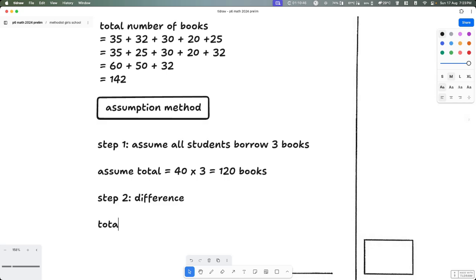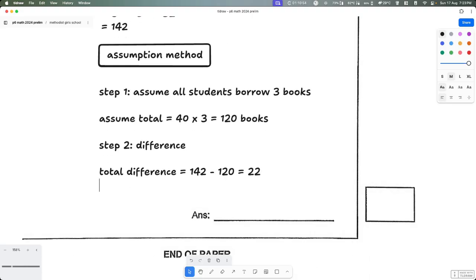So total difference is equal to 142 minus 120, which is equal to 22, right? So I will say books difference is equal to 5 minus 3, which is equal to 2, right?